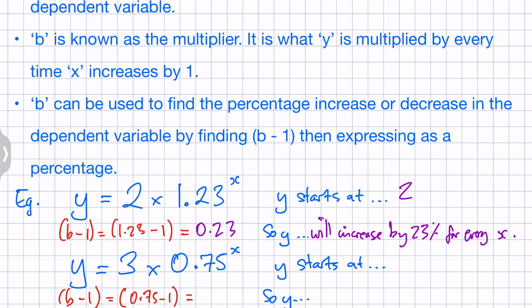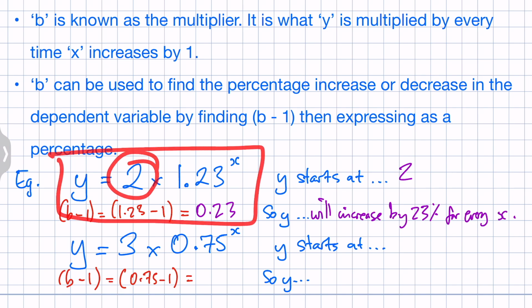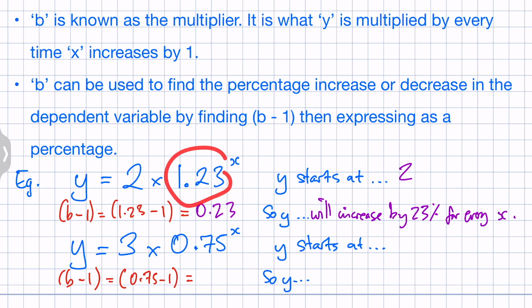Every time x increases by 1, this model is telling me that y is going to increase by 23%. That's how you interpret that model, because you're going to need to put it into context later. It's going to be animals, it's going to be car accidents, I don't know. But as soon as you see that model, this tells me something, and this tells me something as well.